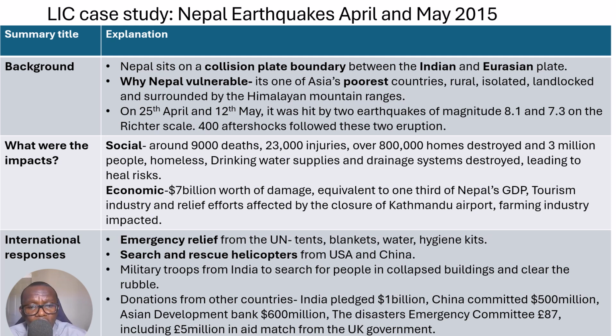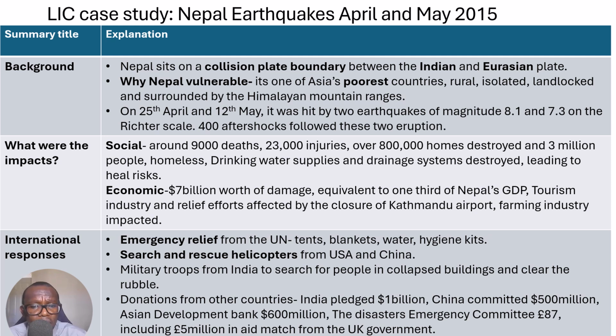Okay, so on the 25th of April and 12th of May, it was hit by two earthquakes of magnitude 8.1 and 7.3 on the Richter scale. And there were 400 aftershocks following these two earthquakes. So what were the impacts?